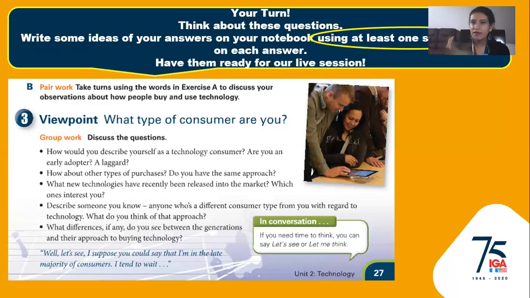So you can come up with an answer and you're not gonna be like, well, I don't know, teacher. No, no, no, no. That's not acceptable. You will have a whole time to think and have your answers ready. Remember that you have to use at least one suffix word for this exercise. Okay, perfect. So that is your turn.